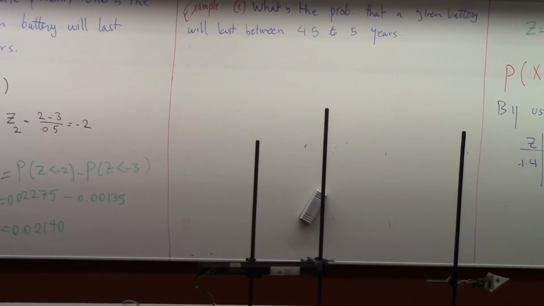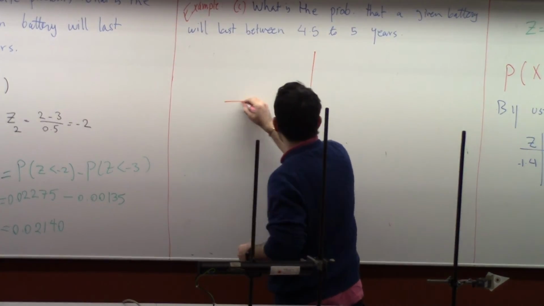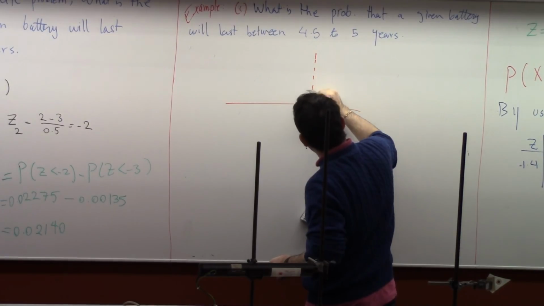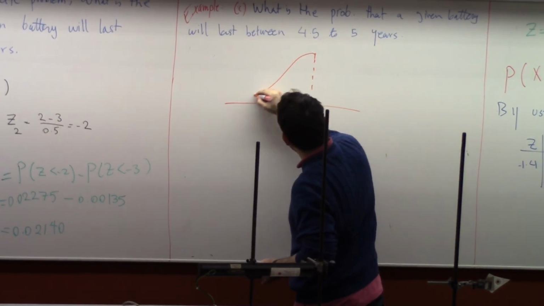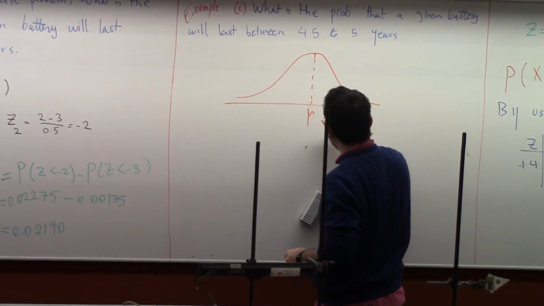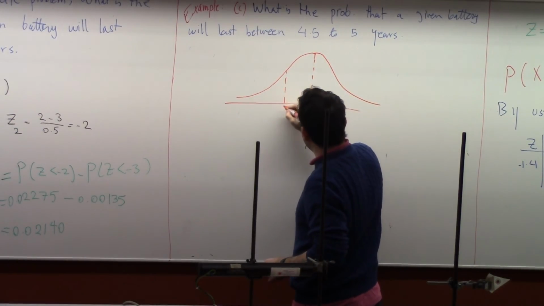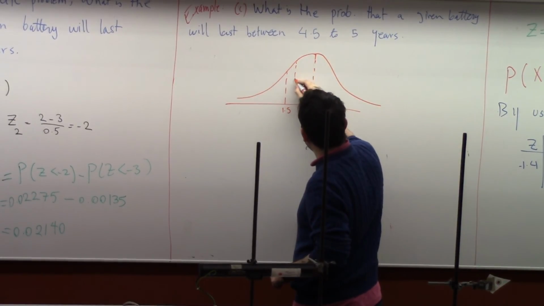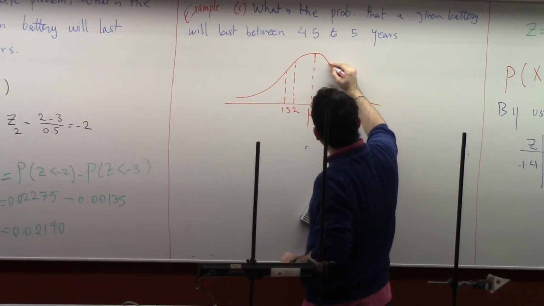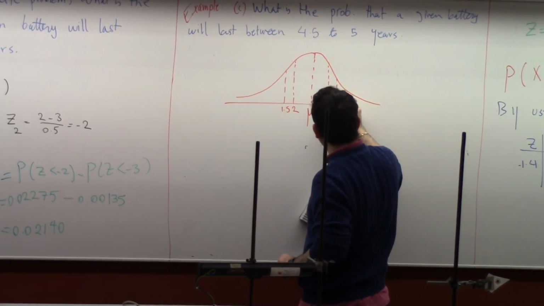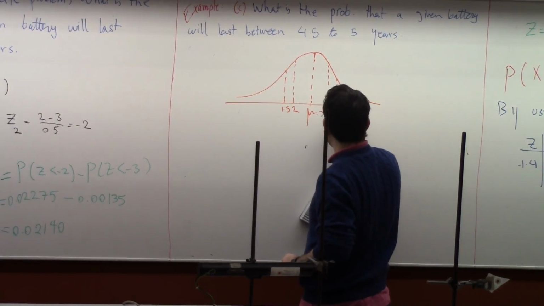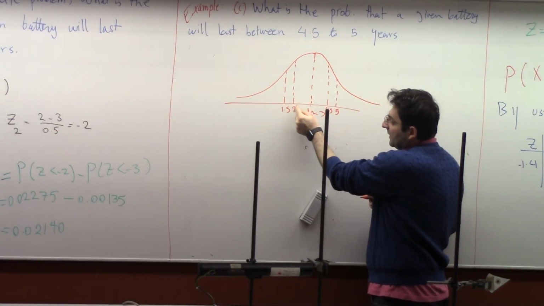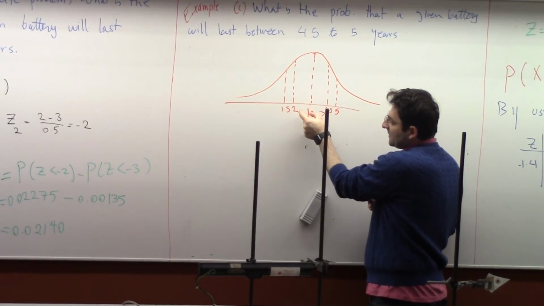It's the same as this one, because if you look at it, it was 3, right? So it's 1.5 to 2, and now it's like 4.5 to 5, and they are of the same distance from the mu, because this distance is the same as this.